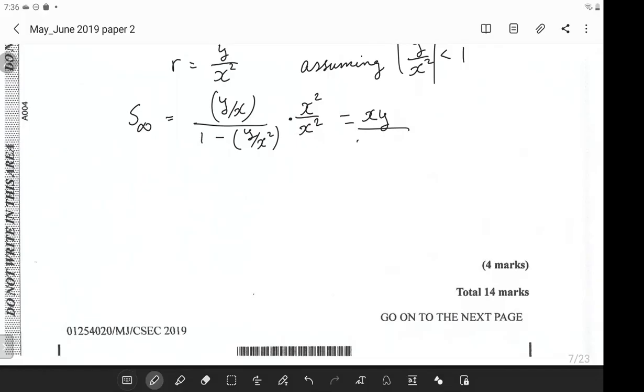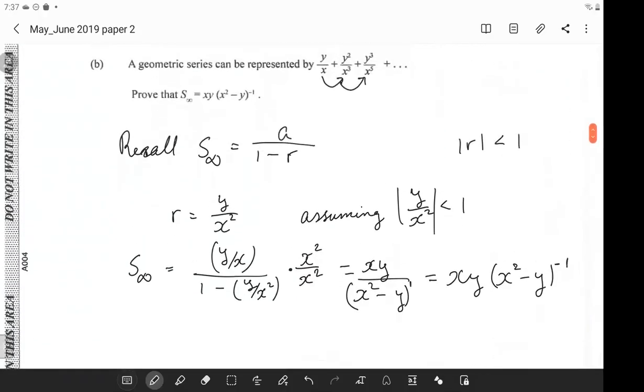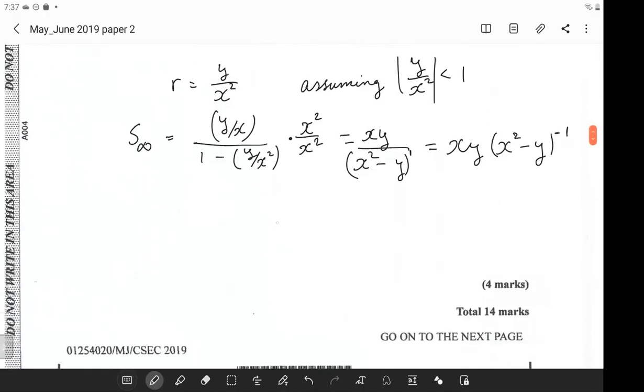X squared by 1 is x squared minus y. And notice this is in the denominator, and this is to the power of 1. So I could use exponent rules to get xy by x squared minus y, and then I have -1. Let's see if that is what we want to prove. Yes, that is what they wanted us to prove. So we could say, hence proven.